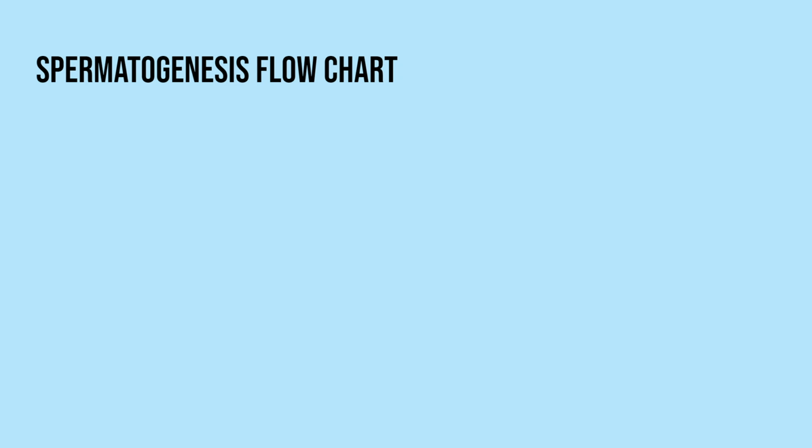Okay, and then I was going to quickly make a flow chart of this just so the terms are laid out in a more straightforward way. So I'll do that quickly.